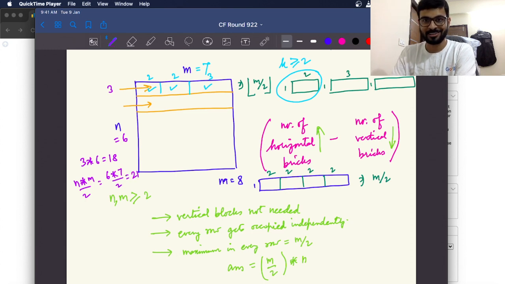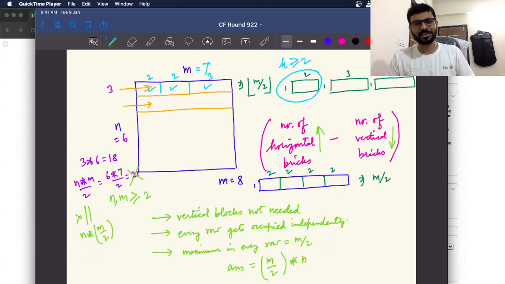This is wrong. This is not equal to n into m by 2. It's a known fact, it's just about being careful about it. It makes a difference because flooring happens, and flooring will make differences when multipliers are applied.